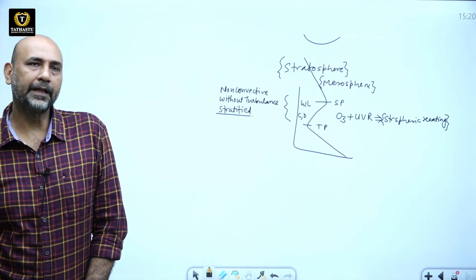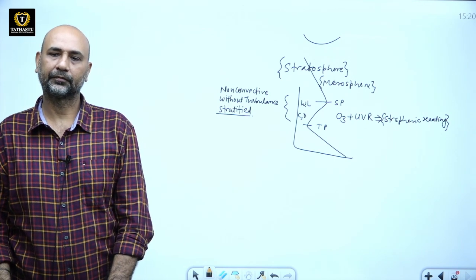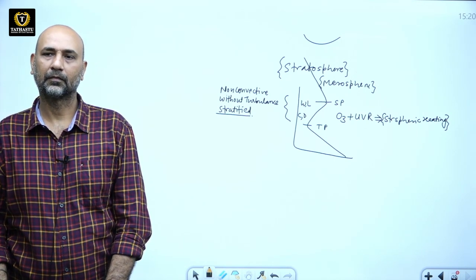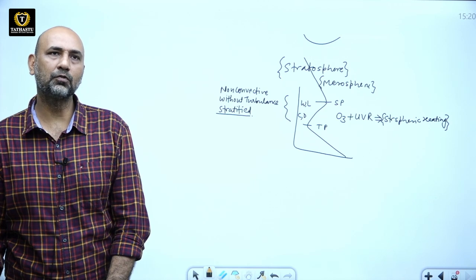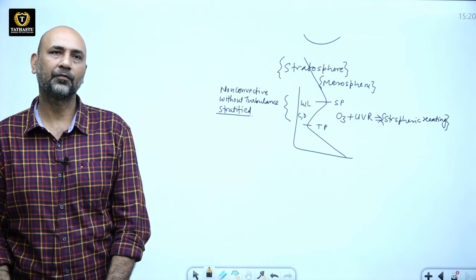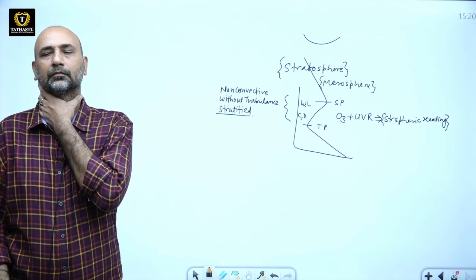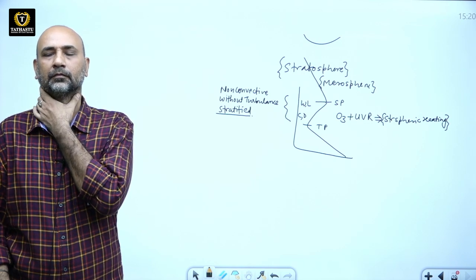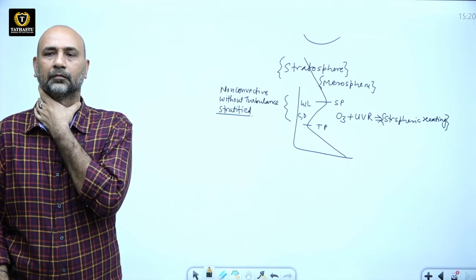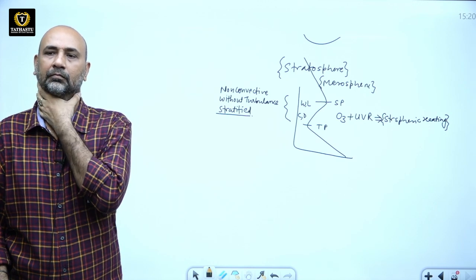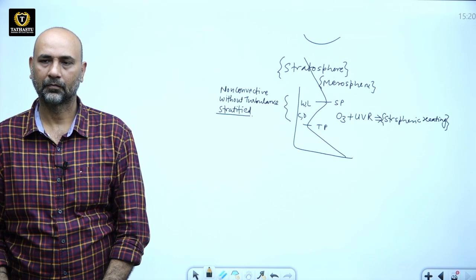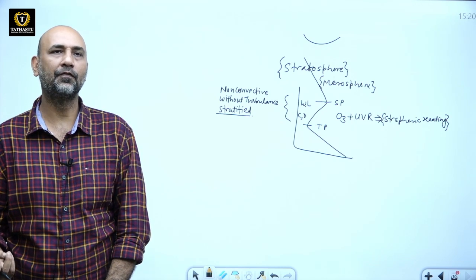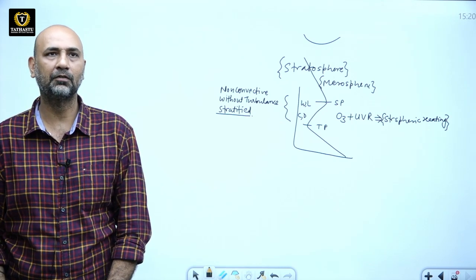Okay, now temperature declines with altitude in mesosphere. Why? Ozone molecules do not occur above 50 kilometers from sea level. And mesosphere is the source of formation of meteors. This question has been asked in prelims.